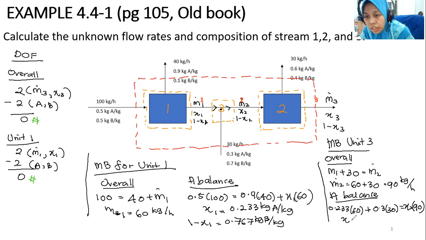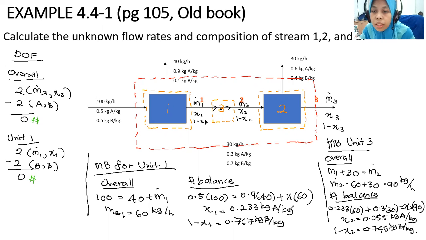So you will get x2 equals 0.255 kg A per kg. So you will get the value for 1 minus x2, which equals 0.745 kg B per kg.